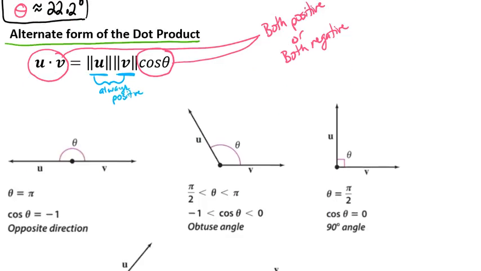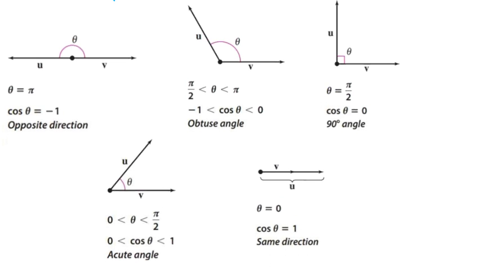So if we look at what these 5 possibilities are, when we have an opposite direction, our straight angle, then that means our theta is going to be pi, and the cosine of theta is going to equal -1. So we've got this little shortcut. If we know what the cosine of theta is, we at least know what type of an angle we're going to be looking at.